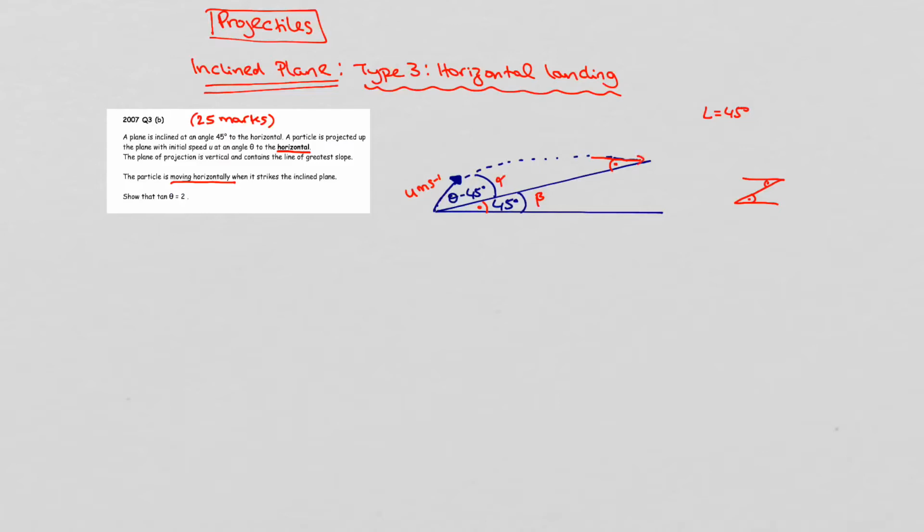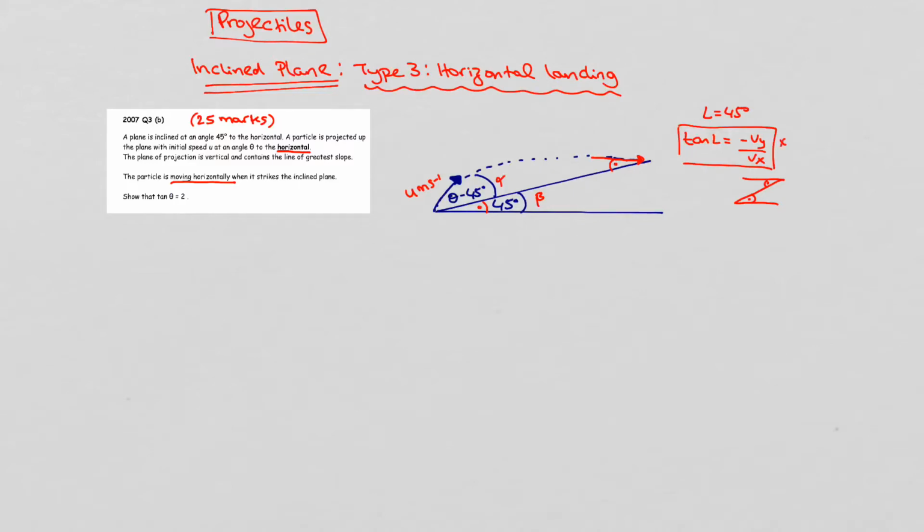So if we're using that information on our landing angle, well, tan of our landing angle is minus Vy over Vx. And I showed you that in the last video when we were doing vertical landing. I was just reminding you of what happens when the particle is landing. So that's going to be key for us in this question.